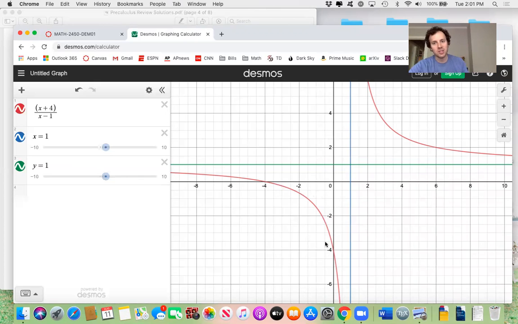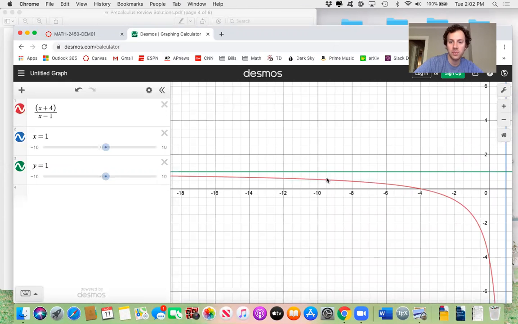But what we can notice is there's no point that has height 1 on the graph, because this part is always below height 1. It keeps getting closer, and so every point just a little below 1 is going to occur as a height on the graph, but 1 isn't.